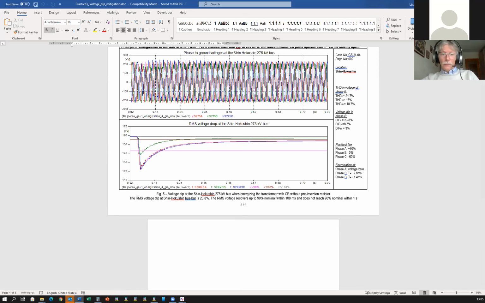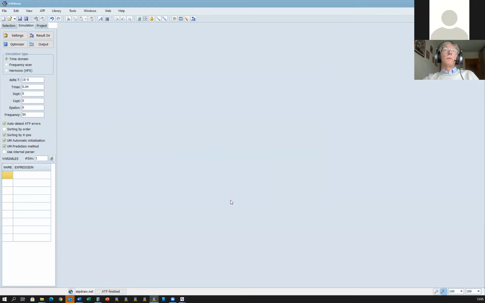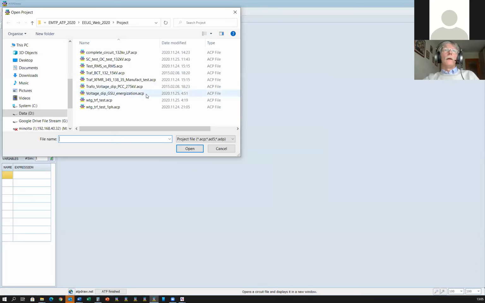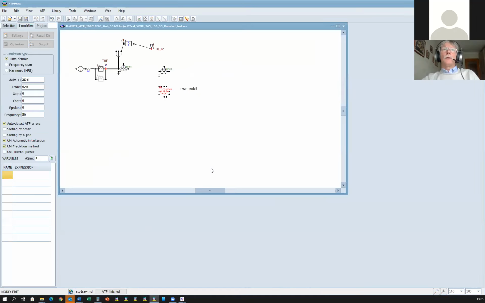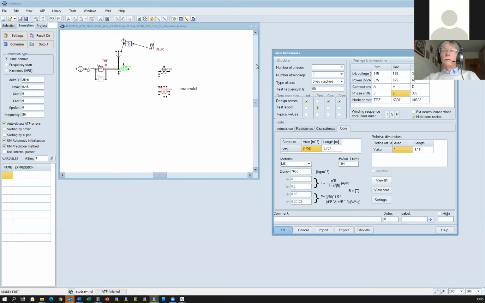And finally, very finally, I will show you a transformer model, the XFMR hybrid model. Some years ago, I gave a course in a factory in South Korea. And of course, it was a transformer manufacturer, so they had design data.